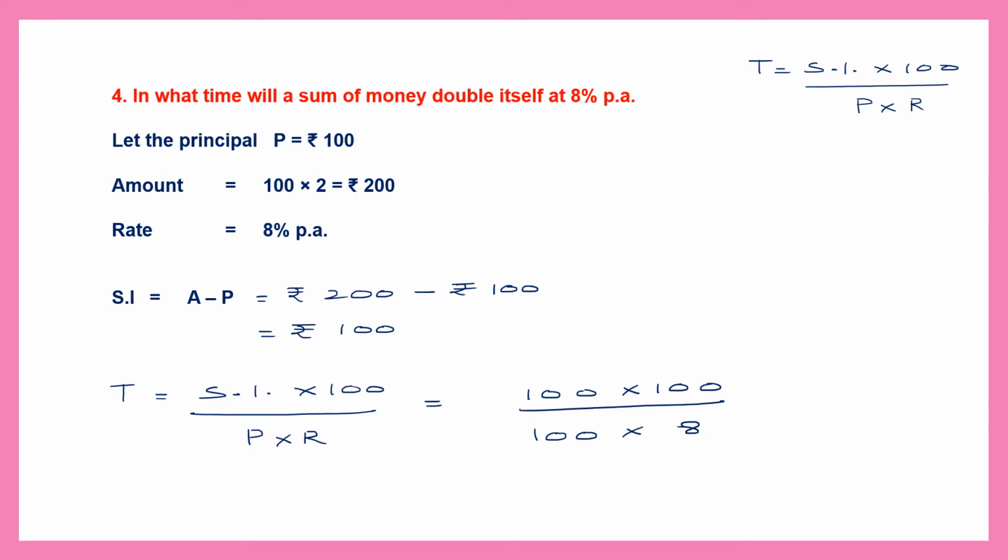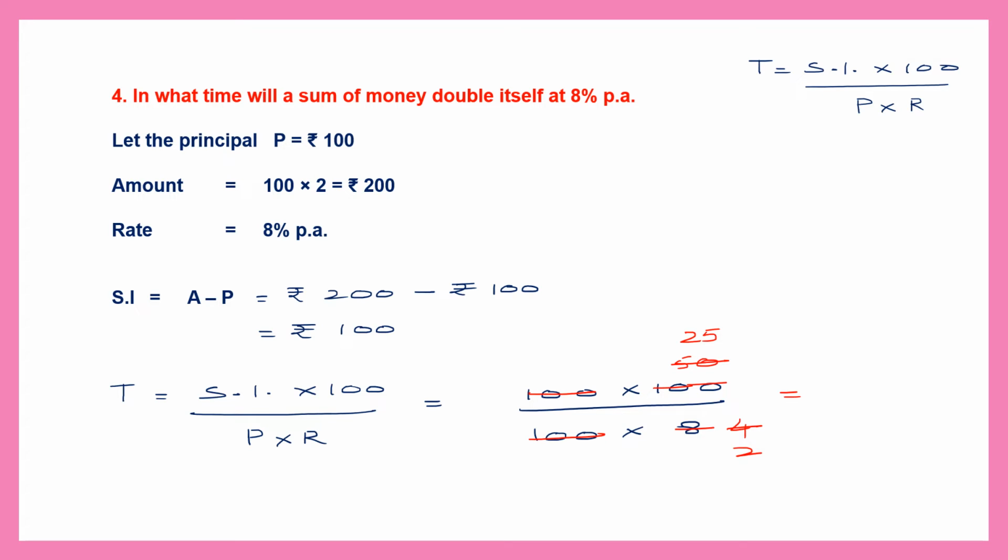So now let's cancel what we can. We can cancel 100 and 100. Now we have 100 divided by 8. Now we can use 4 or 2. We'll use 2 to reduce this to the lowest terms. Let's divide. 2 4s are 8. 2 5s are 10, 50. Again we can use 2. 2 2s are 4. 2 into what is 50? 25.